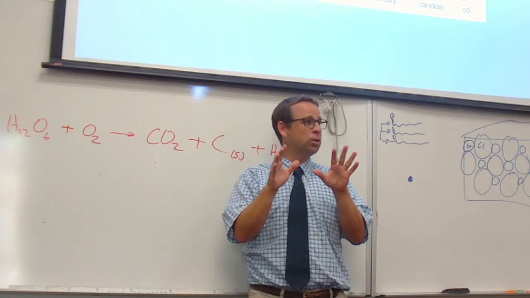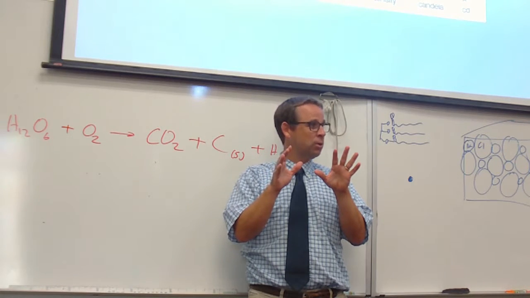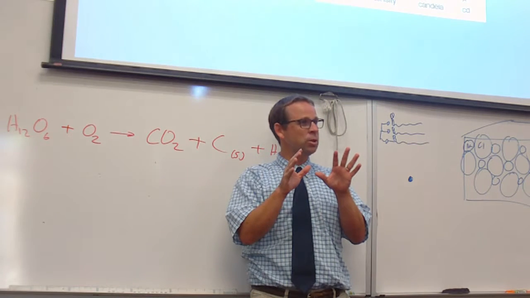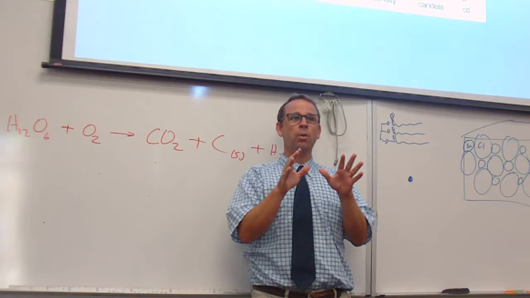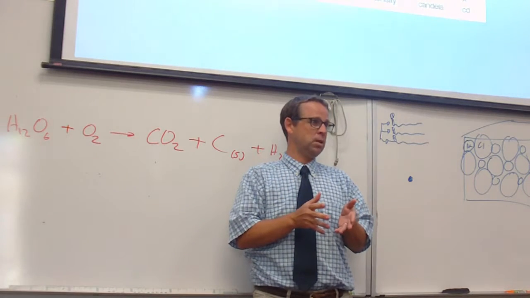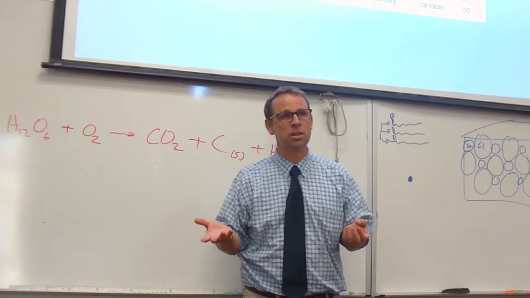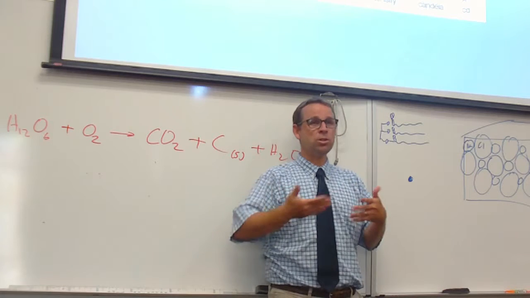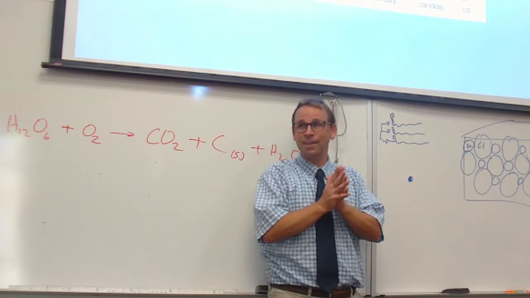Let's see who can get the coldest water molecules. You know what I'm saying? See, there comes a point where what? You can't go any slower, right? So negative 300 degrees Celsius doesn't exist. There's no such thing. You just can't get any slower than still.